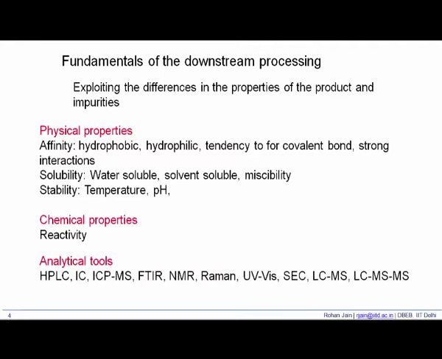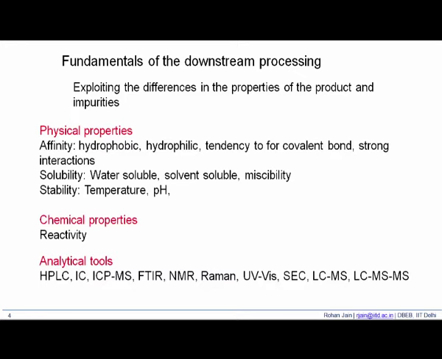Then it can be stability, temperature or pH. At certain pH values the product is soluble, while at certain pH values the product is insoluble. For example, glutamic acid, if you decrease the pH to 3.2, it will precipitate, and then you just collect the precipitate and remove all the rest of the impurities, but you have to make sure that the impurities are not also precipitating at that pH.